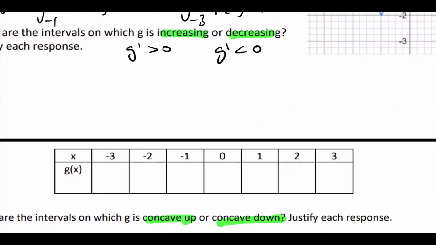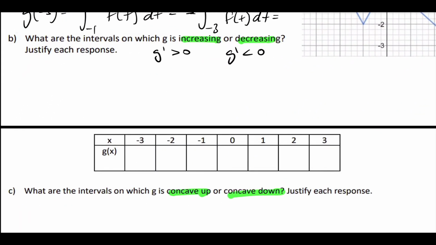So let me write this down. G prime is the same thing as f of x, which is the graph.